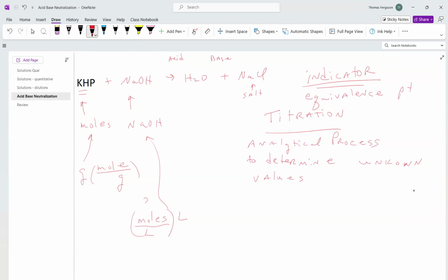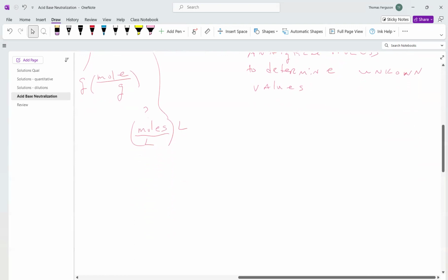Okay, now as far as the sodium hydroxide goes, you're going to be using something called a burette. Or burette, if you want to pronounce it Latin-wise. All right, so the burette is a long cylinder that you've already used in lab 3.